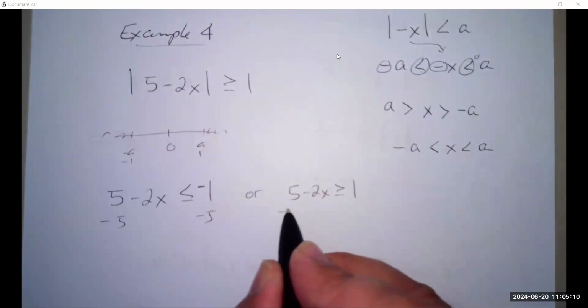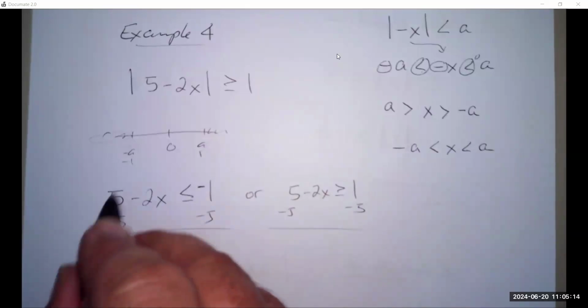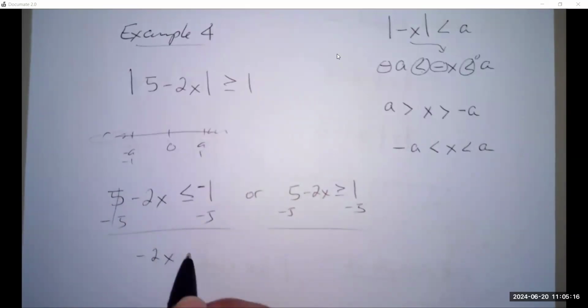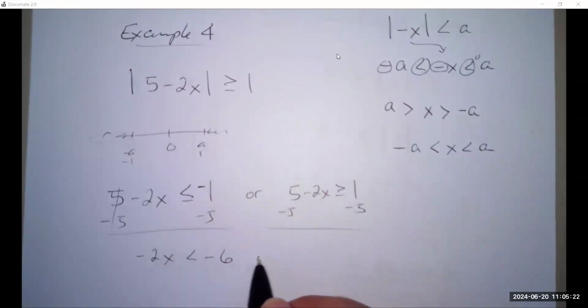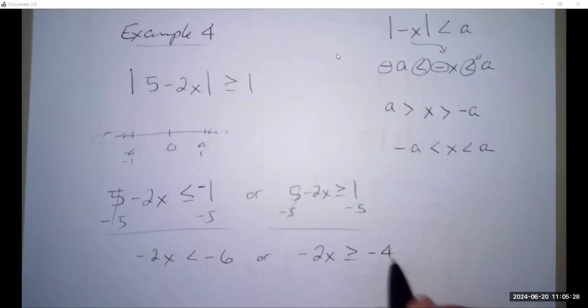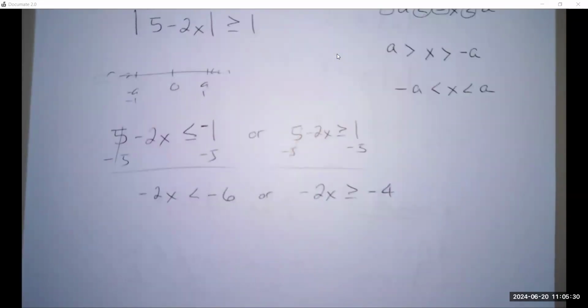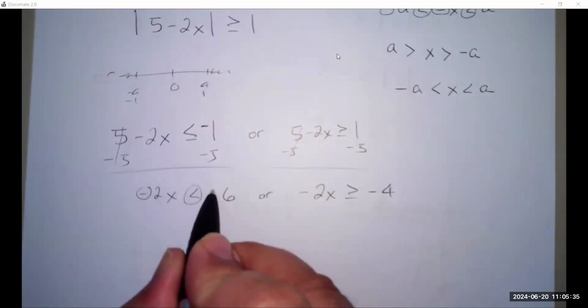Subtract 5 from both sides. Negative 2x is less than or equal to negative 6, negative 1 minus 5. Or negative 2x is greater than or equal to negative 4. I got to change the sign.